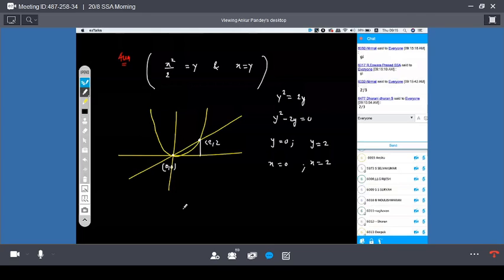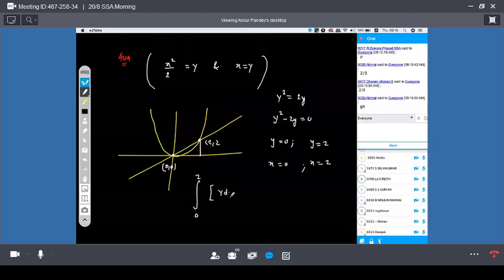Got it? Okay. See, integration part is always easy. Integration from 0 to 2.